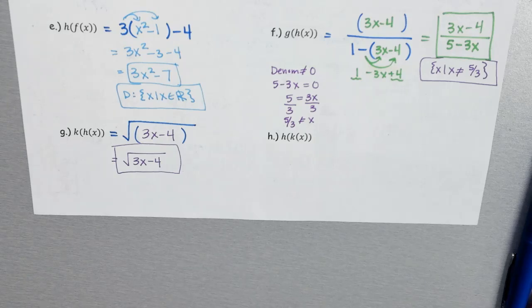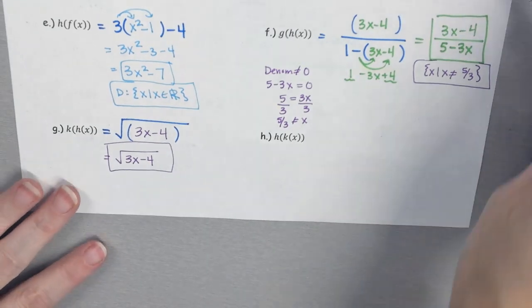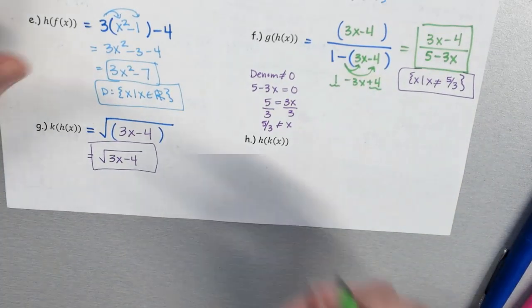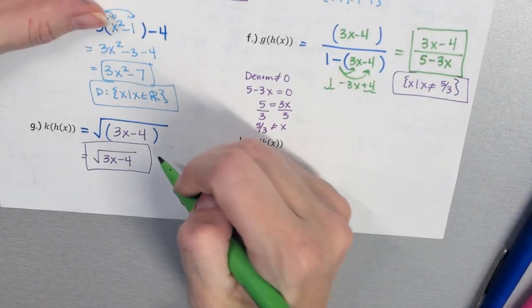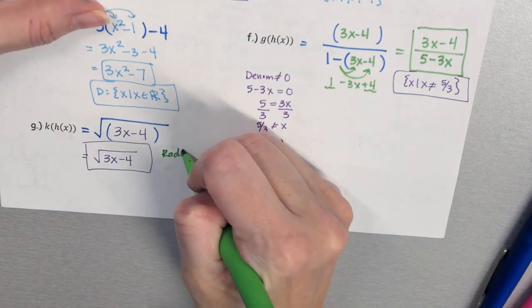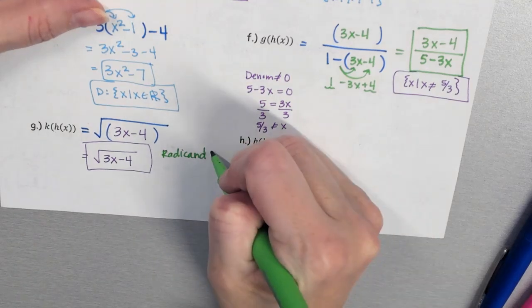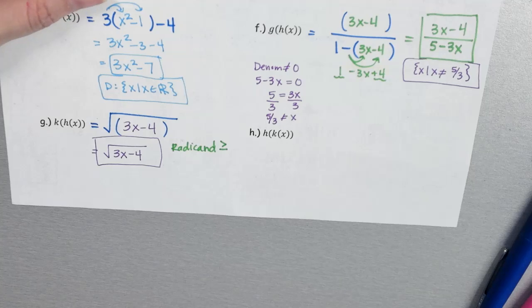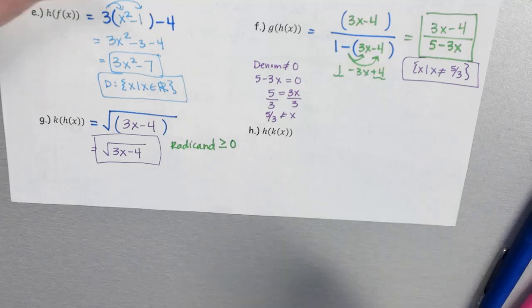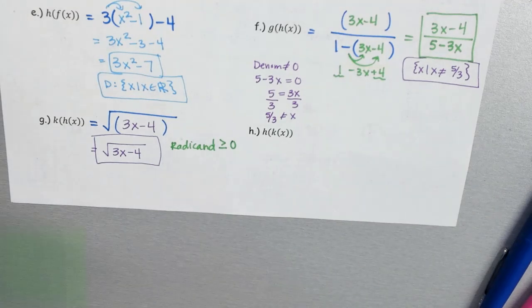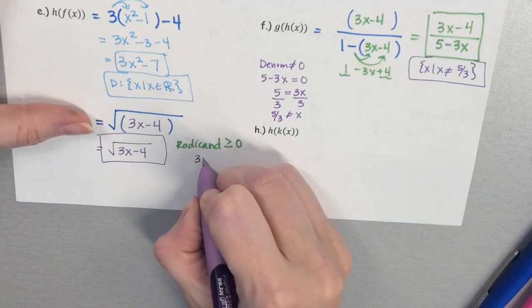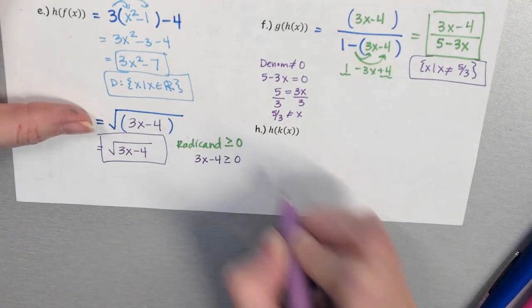Now, anytime you have a radical, we said you can't take the square root of a negative number. This is how you have to set it up. You would say that value underneath, which is called the radicand, has to be positive. We use greater than or equal to symbols. If it's positive, it's greater than or equal to what value? 0. So we're always going to take that number underneath and we're going to solve. Okay, so that value underneath, 3x minus 4, is greater than or equal to 0.